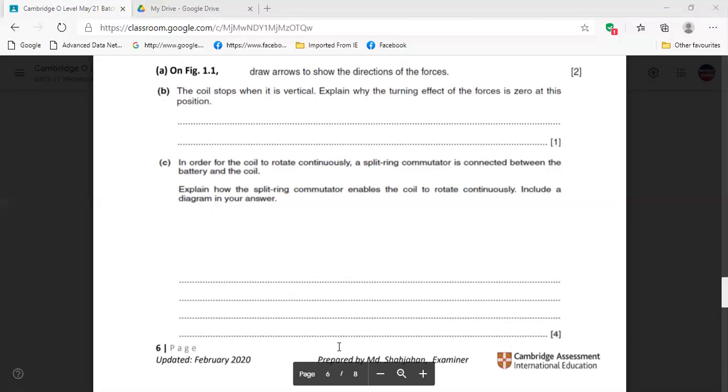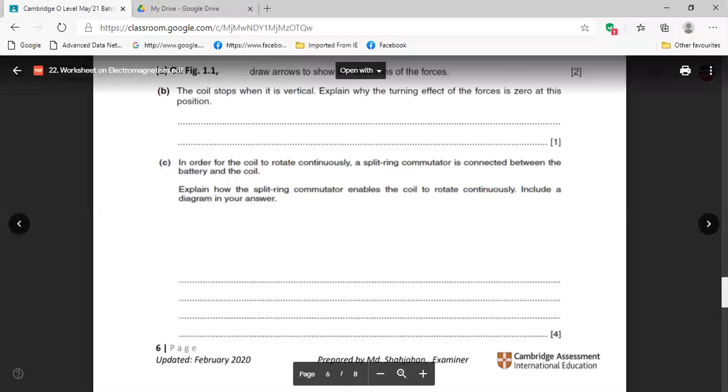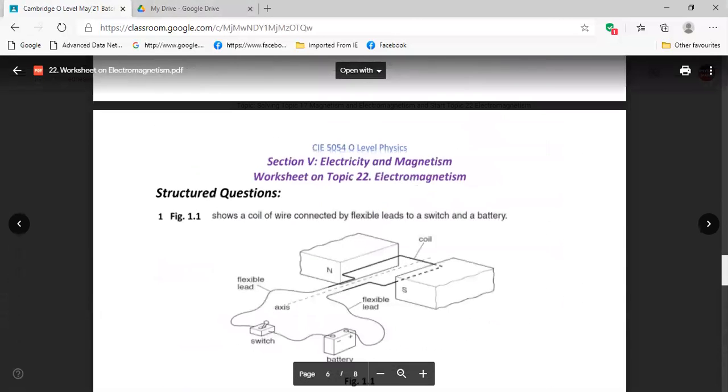So in the MCQ, I think they showed a simplified diagram of this. Can I draw that one? I think in the MCQ there was a simple diagram of the split ring commutator and the motor. Yes, you can use that one, but there should be labeling.